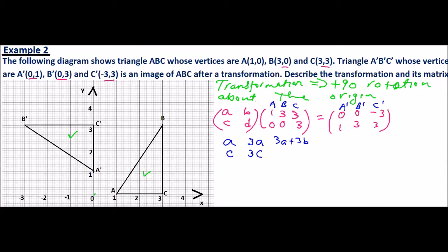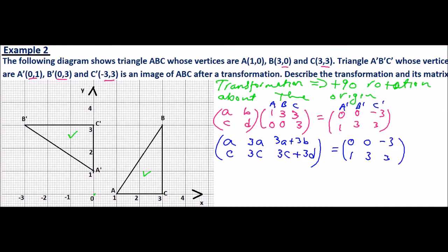Then C times 3 is 3C plus 3D. We close the bracket, and that should equal the matrix of the image, which is 0, 0, minus 3, and 1, 3, 3.